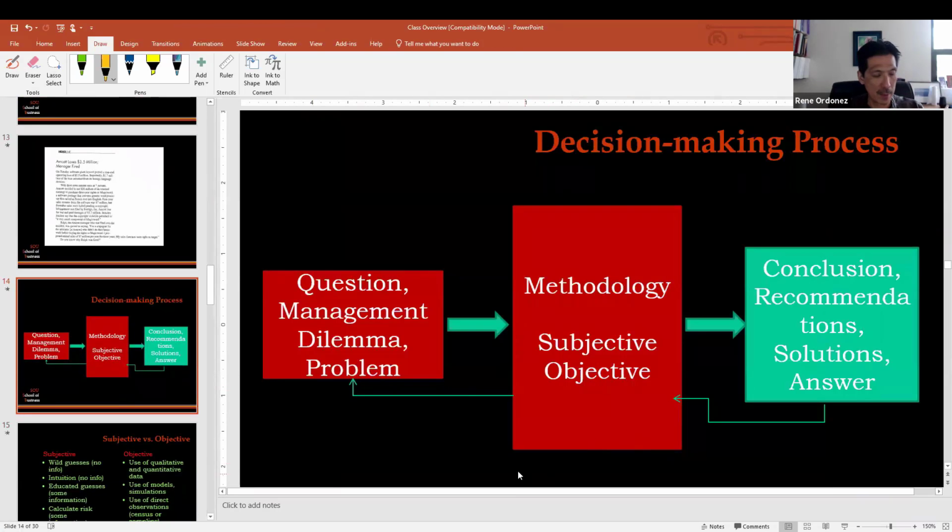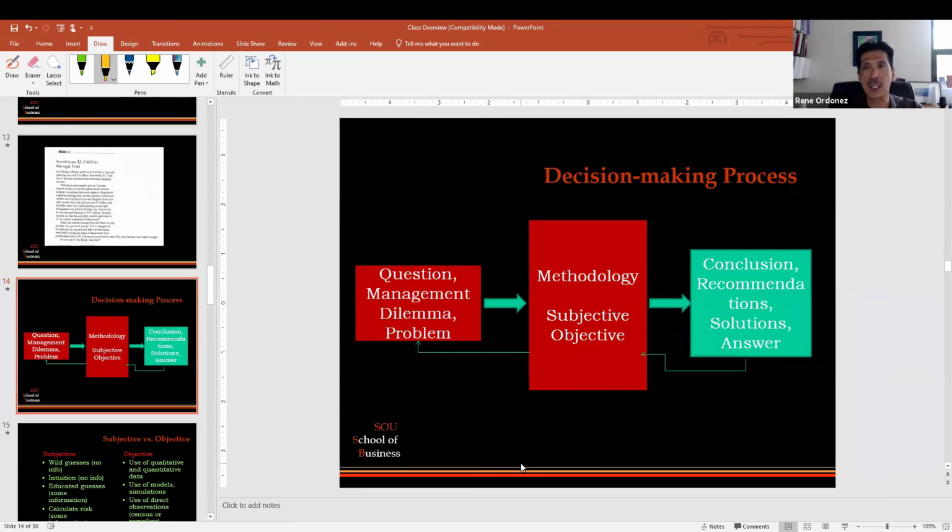So this class will be about, as I mentioned earlier, a focus on the decision-making process. In the previous examples we looked at, there was a question or a management dilemma or decision to make. And the question for us is, what is our choice? What's our decision? What's our conclusion?